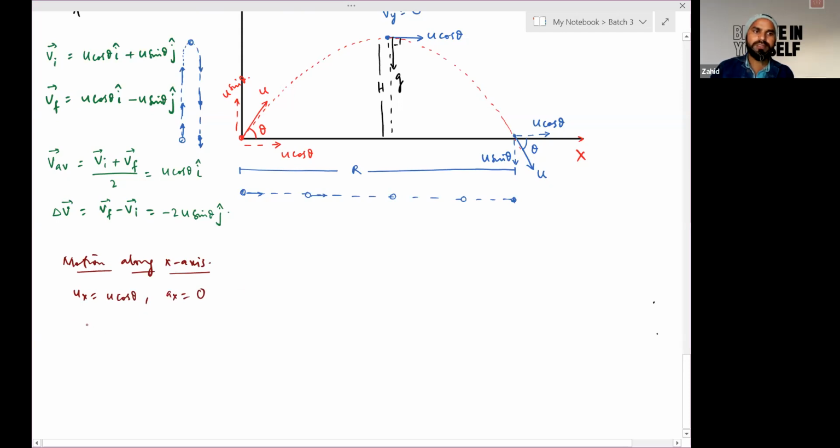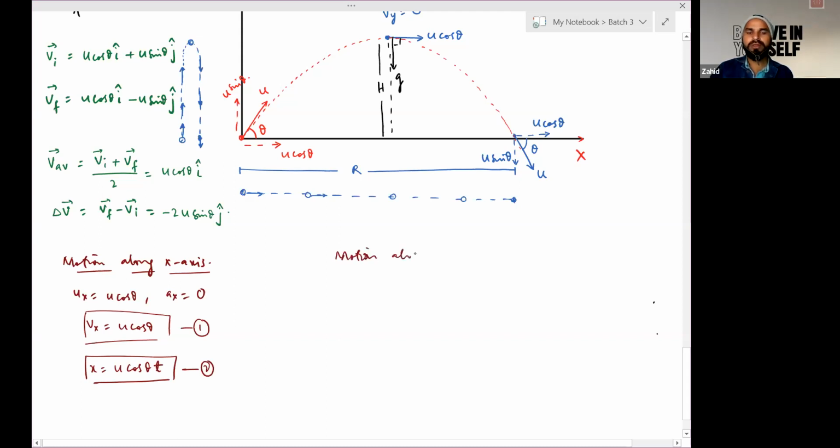Using these two terms, final velocity along x-axis will be u cos theta, as equation 1. Similarly, using the second equation, x equals u cos theta times t, as acceleration is 0. This will be equation 2.